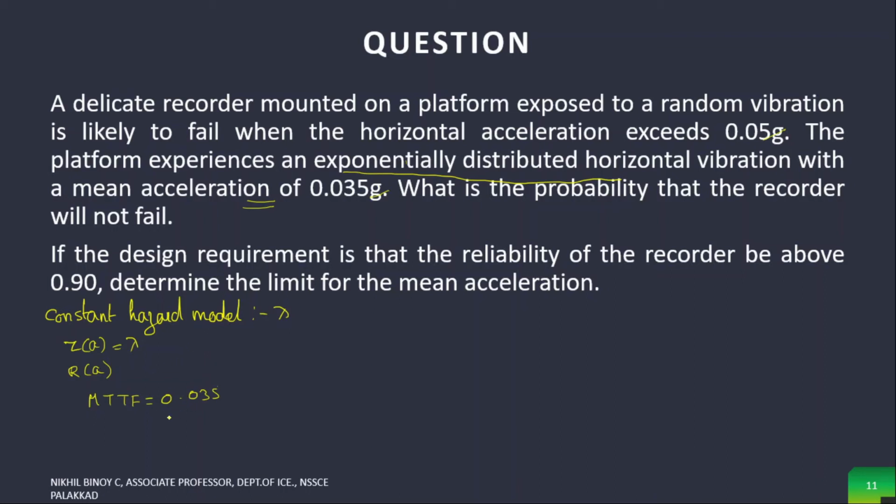So mean time to failure is 0.035, and the unit is the unit of acceleration. This one is a normalized value. My question is, what is lambda?